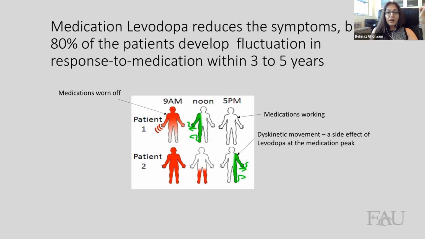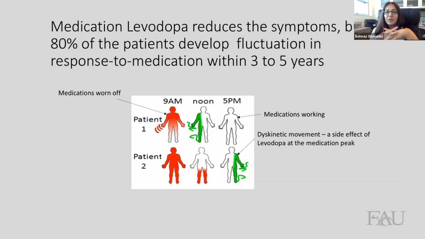About a couple of years ago, one of my neurology collaborators approached me with this problem. They have patients who, as they are medicated, develop a side effect: dyskinetic movements, meaning involuntary movements.